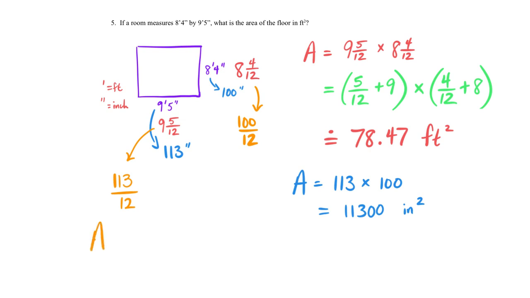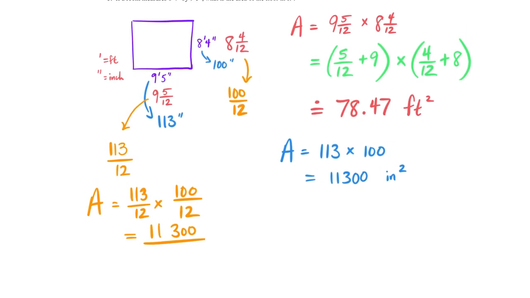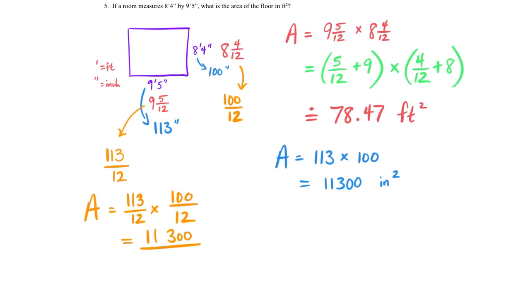So now if I went to calculate my area, I'm going to take my 113 twelfths times my 100 twelfths, and that's going to give me 11,300, and look at what my denominator is. It's 12 times 12, which is 144. And now if I go and I calculate that value, hey, look what I get. I get a 78.47, and there is my correct way to calculate it.